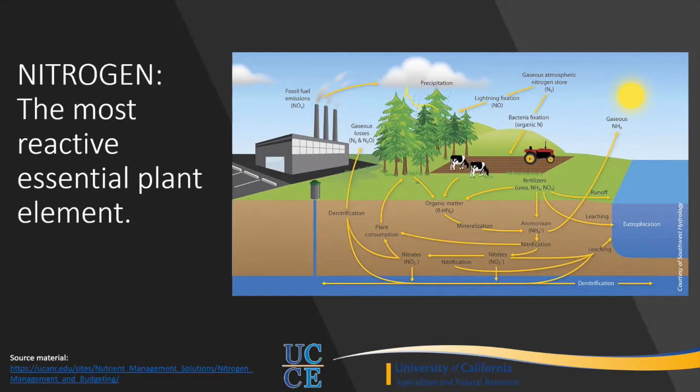A lot of these shifts from one form of nitrogen to another in agricultural systems are mediated by microbial activity in the soil. Other factors which contribute greatly to the reaction of one form of nitrogen into another are pH, soil moisture, and temperature.